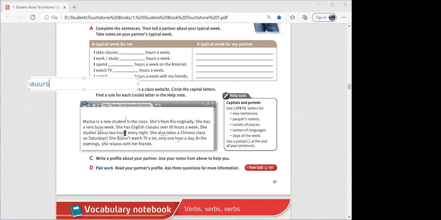When you see the word, cuando ven la palabra, no vean las letras como está escrito, sino la pronunciación. Hours every night. She also takes a Chinese class on Saturdays.